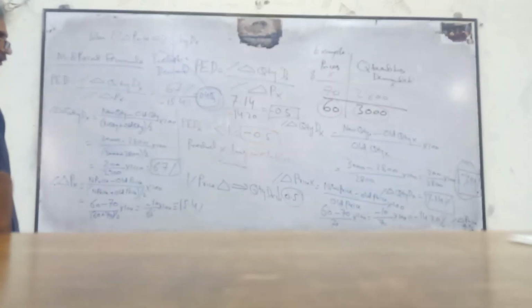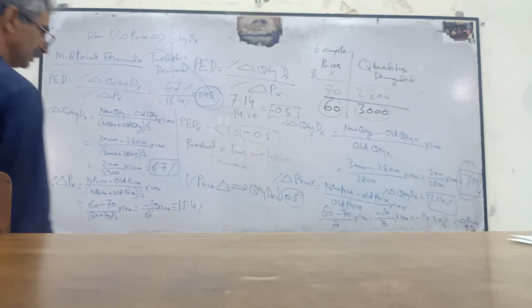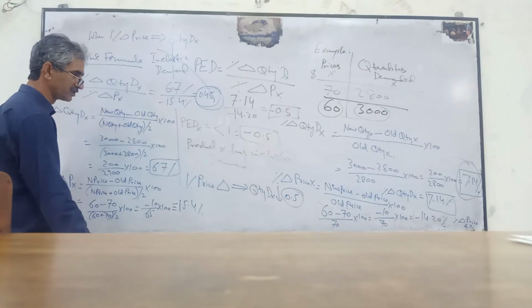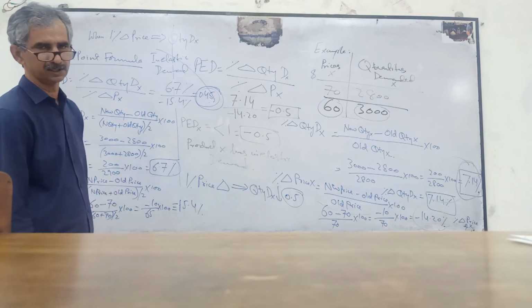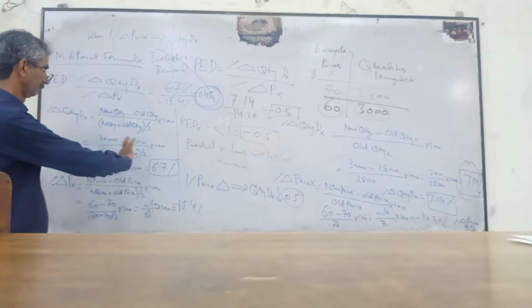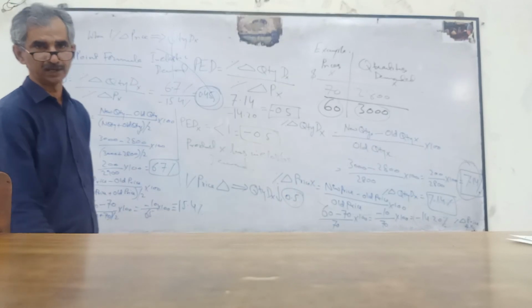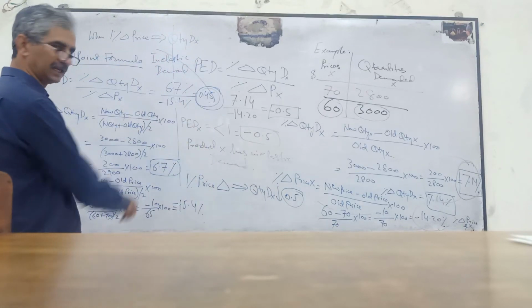We have used both formulas to calculate the price elasticity of demand, and we calculated almost the same result, with a very little difference of 0.05. So this is the way we calculate the price elasticity of demand.